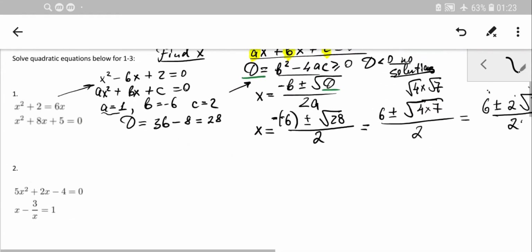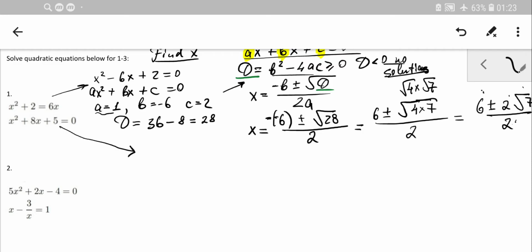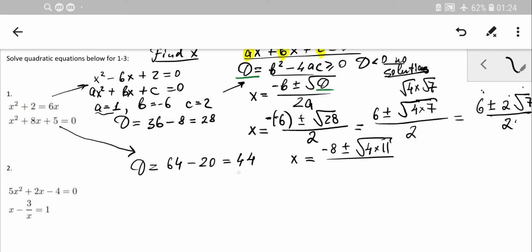All right, in this case, the second one I'll do a bit faster. I simply set up the discriminant: b squared is 8 squared, 64, minus 4 times 5, minus 20, and we'll get 44. It's also not a good number. However, the solution there will be minus 8 plus minus square root of 44, which I'll write as 4 times 11, over 2a, which is just over 2.